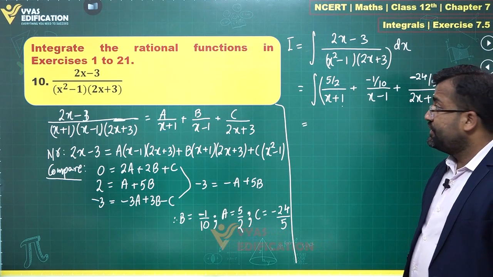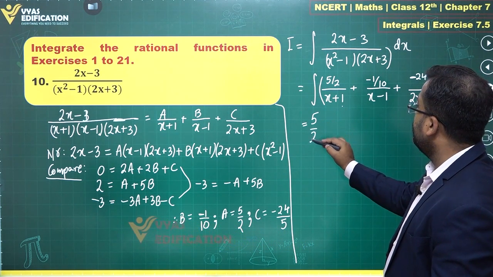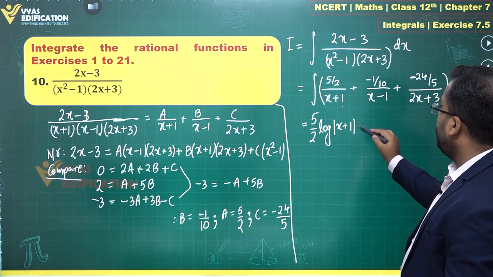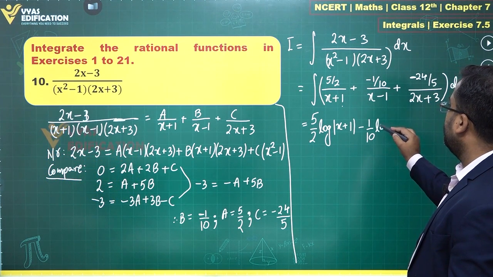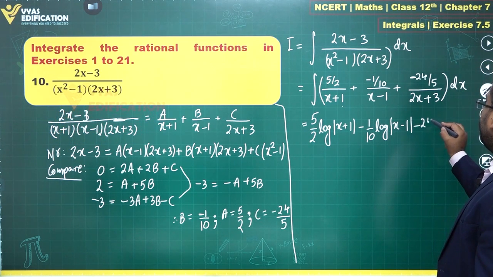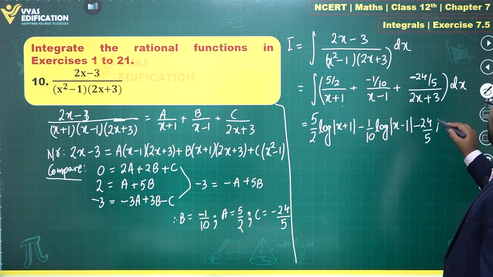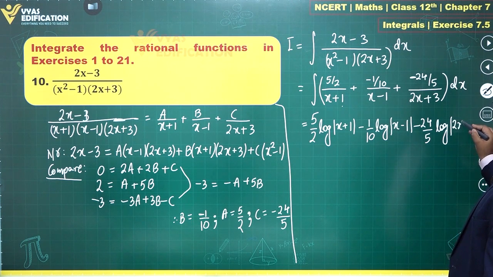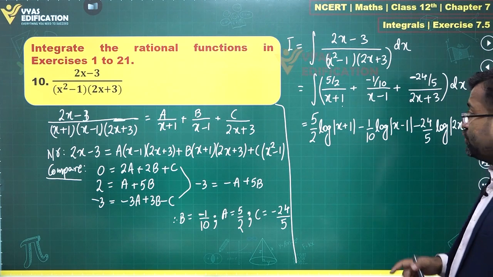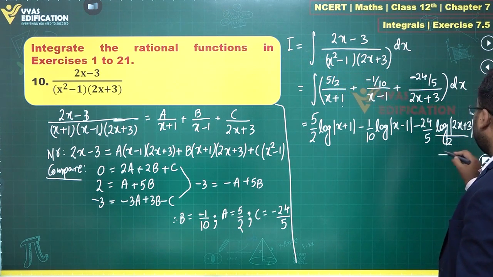And where does that take us? So this is 5 by 2 log modulus x plus 1 minus 1 by 10 log modulus x minus 1, and minus 24 by 5 is okay. Log modulus 2x plus 3 is also okay, but this 2x plus 3 will leave a 2 in the denominator over here plus constant term.